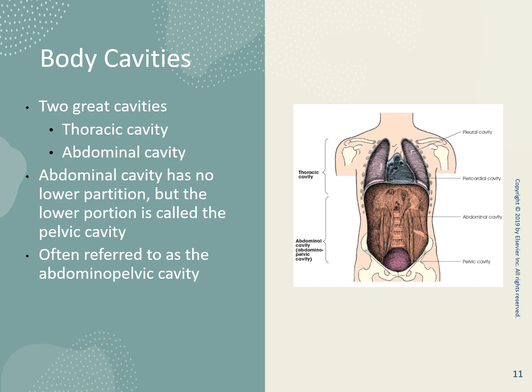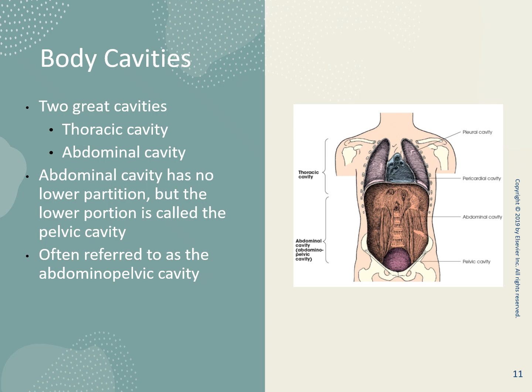Okay. So there are two great cavities, the abdominal cavity and the thoracic cavity. I believe the anatomy book also talks about the neuro cavity, or maybe they call it the central nervous system cavity. I'm not sure. But they say that the brain and the spinal cord is also a great cavity.